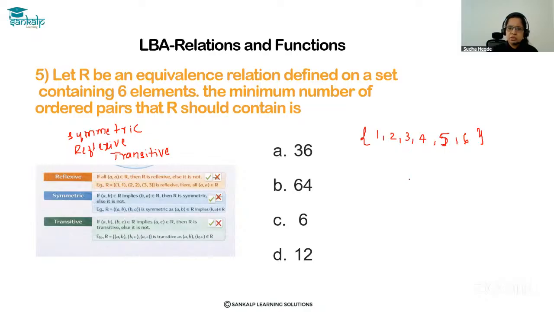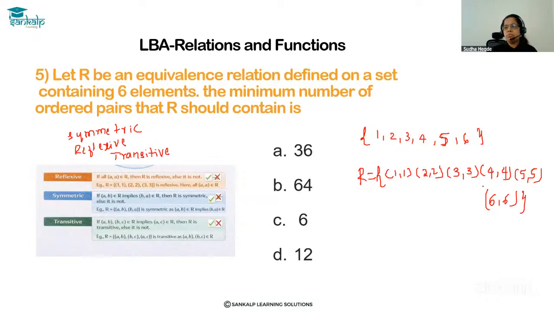To be reflexive, R should contain (1, 1), (2, 2), (3, 3), (4, 4), (5, 5), and (6, 6). Correct? To be reflexive, you have to have this.